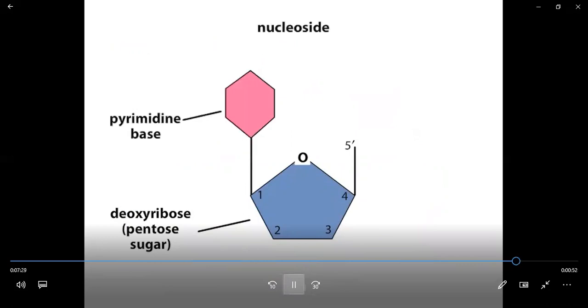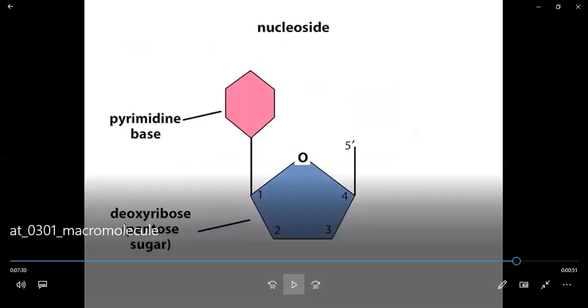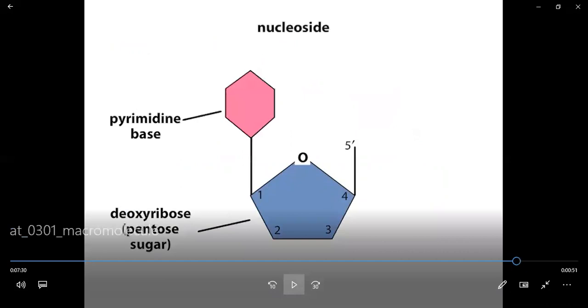So at the 1' position of the deoxyribose sugar, two types of nitrogen base can attach. They can be either purines, which have double ring structures, or pyrimidines, which have single ring structures, like thymine and cytosine.